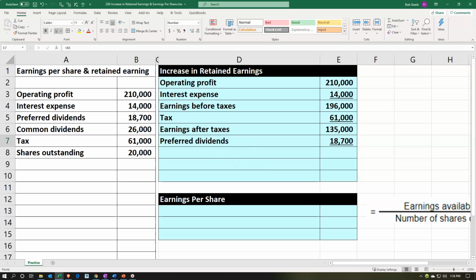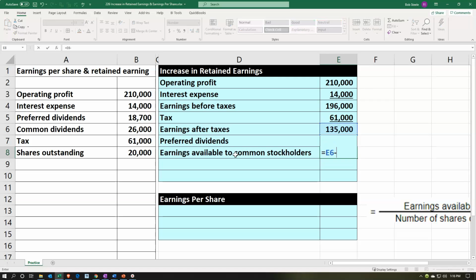Then we're going to get to the earnings available for the common stockholders, which is what we're really looking for, because we're typically gearing this towards the common stockholders. So this is going to be equal to the 135 minus the 18.7, and that's what's going to be available to the common stockholders. Then we're going to think about how much the dividends that went out to the common stockholders. So let's pick up the dividends that went out to the common stockholders.